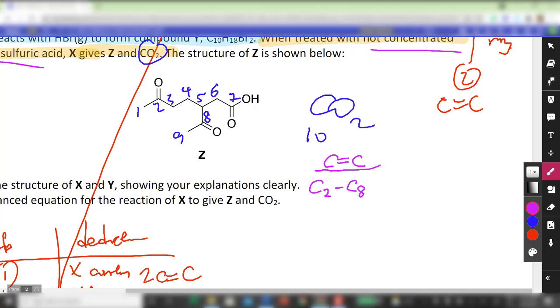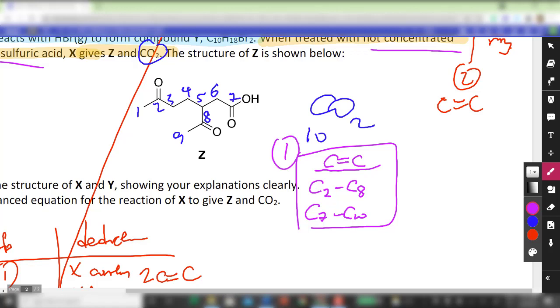That will mean that C7 and C10 will give me the terminal alkene, and C2 and C8 will be the cyclic structure with the double bond. Between C2 and C8, let's do a quick count. 1, 2, 3, 4, 5. So that will be a 5-membered ring, and then with a terminal alkene between C7 and C10. So this is one possibility.